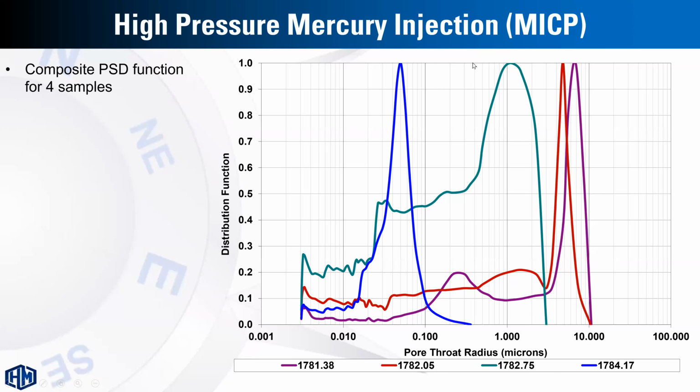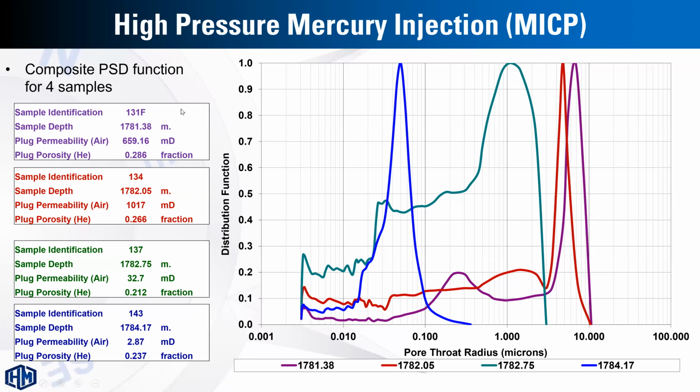So this is the actual core data from mercury injection capillary pressure. We have 4 different samples. For this sample in the purple color, we have permeability. As you can see, block permeability is almost 660 millidarcy, and gold porosity.